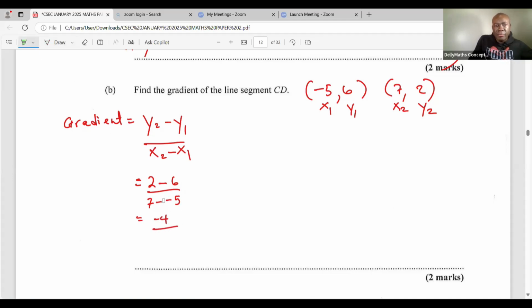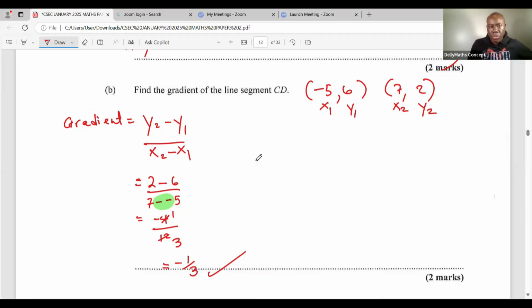Remember, when we're doing this part, it actually becomes a plus. So it becomes 12. Now we can break this down. 4 into itself is 1. 4 into 12 is 3. So then my slope is actually -1/3. So there it is. That's my gradient, negative 1/3.